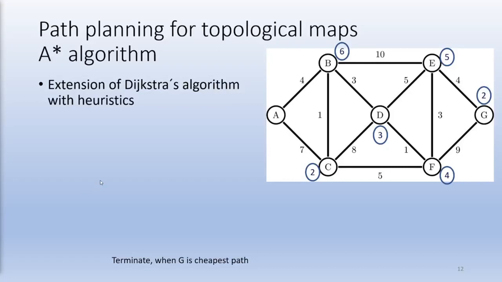Alright, so we went into a detailed example about Dijkstra's algorithm. Let's head over to the A-star algorithm a little bit faster, because it's essentially an extension of Dijkstra's algorithm. We take into account heuristics as well. So we have the old paths like 4 and 1 and 7. But now we know how long it actually takes to go there by measurements.